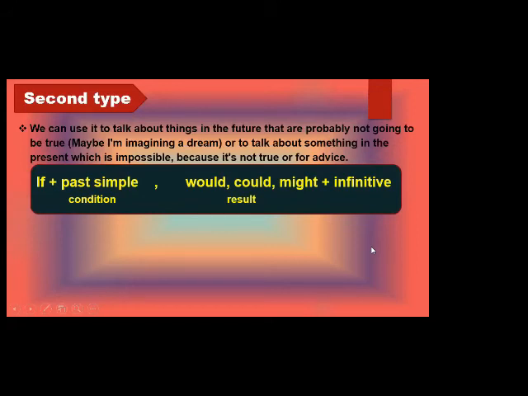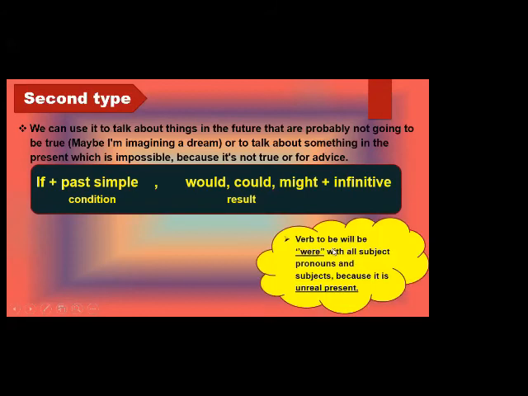And take care, in type 2, the verb to be will be were, not was, with all the subject pronouns. I will say: if I were you, if she were you, if they were you, if he were you.